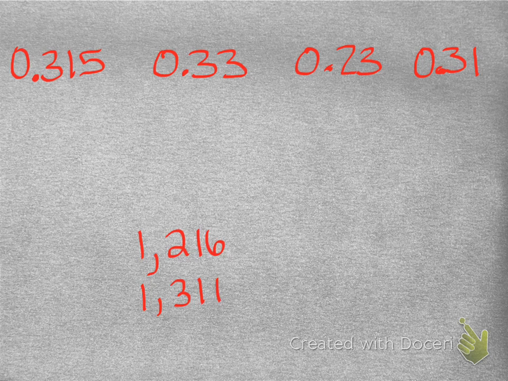And how do you know that? Well, we start in the largest place value, and then we read left to right. So I see that both of them have 1,000. So then I would go to the hundreds place and see, oh, this guy has 300 versus 200. So it's got more, so I would clearly say that that one has more.